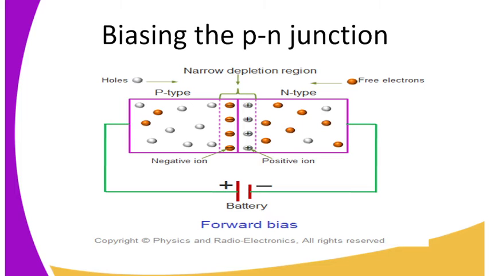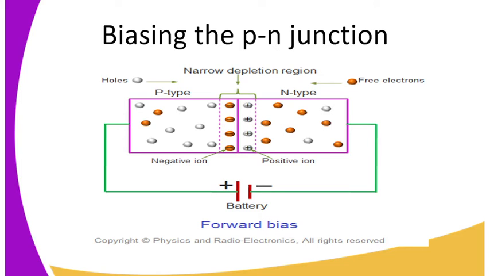A PN junction is forward biased when the P-type region is connected to the positive and the N-type region is connected to the negative terminal of an external cell or battery. As you can see from the diagram, the P-type is connected to the positive part of the battery, and the N-type is connected to the negative terminal of the battery.